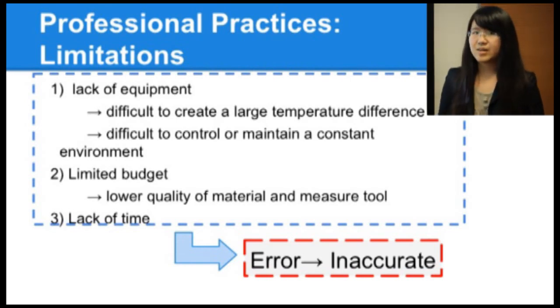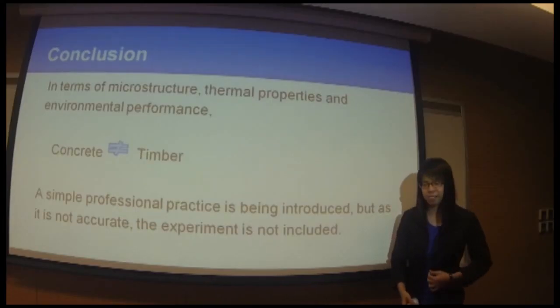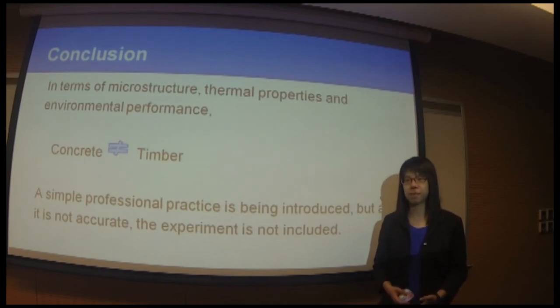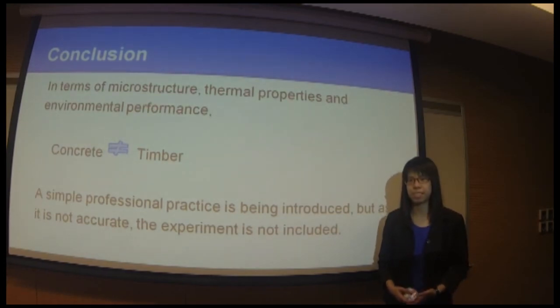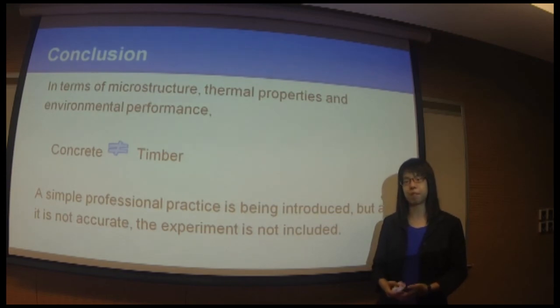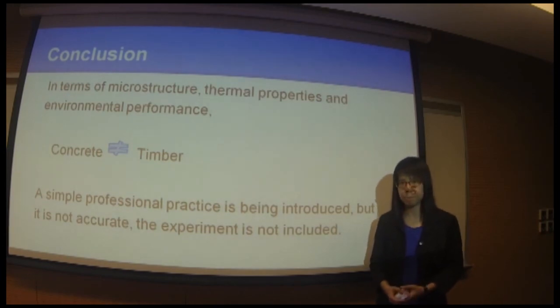So to conclude, in terms of microstructural features, thermal properties, and environmental performance, concrete and timber are two very different things. For both microstructural features and environmental performance, similarities probably cannot be found between concrete and timber.